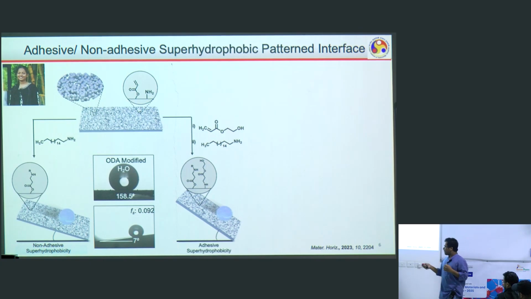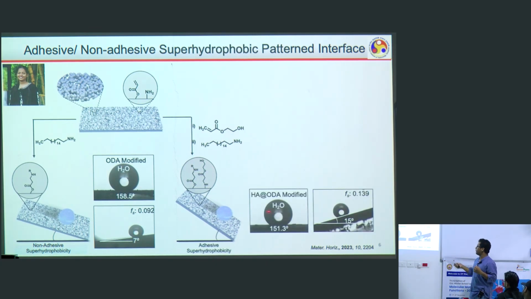But if you take the same interface and go for another successive modification with this hydroxyl acrylate, where this amine can react with this acrylate, then you are installing this hydrophilic group and it becomes adhesive superhydrophobic. As you can see here, contact angles still remain above 150, so you can consider them superhydrophobic.